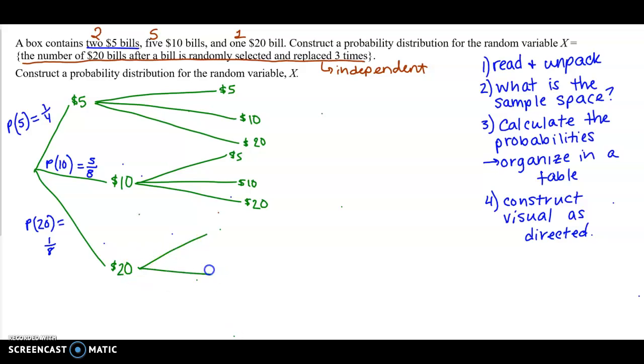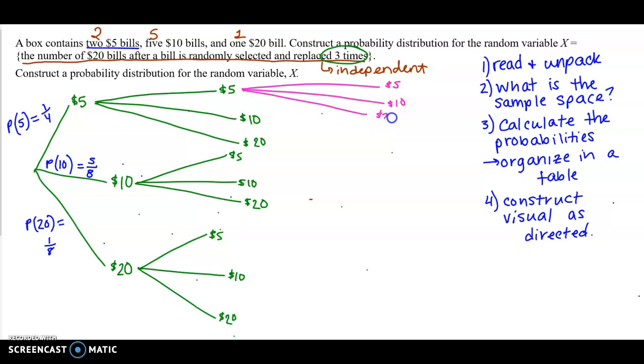And then 20, then a 5, 20, then a 10, 20, then a 20. But we're doing it 3 times. So, because I'm evil, you can pull a 5, then a 5, then a 5; a 5, then a 5, then a 10; a 5, then a 5, then a 20. Then you can do a 5, 10, 20.